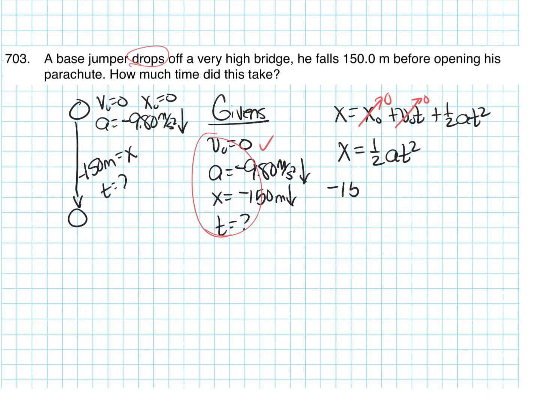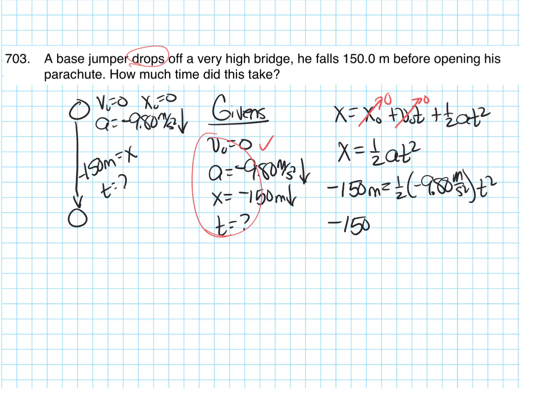All right, let's throw in the numbers. Negative 150 meters equals 1/2 times negative 9.80 meters per second squared times what I'm looking for, which is the time squared. Awesome. Let's write this again without the units this time, just to see what we're doing.